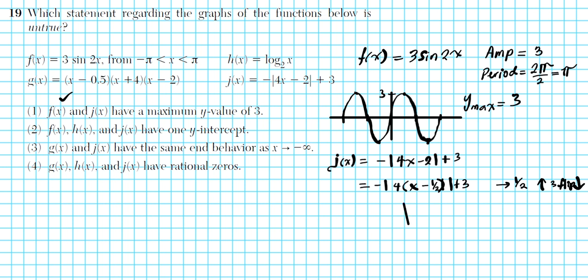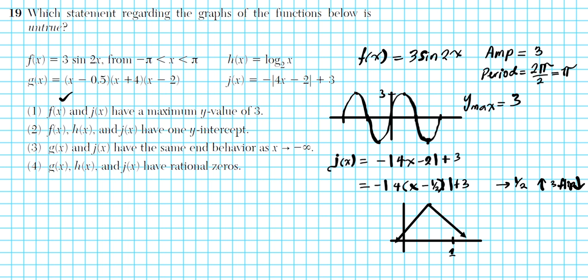So we're looking for the maximum, so we don't have to graph this function perfectly. It doesn't really matter. We just want to know where the vertex is. So for the vertex, we're going to shift 1/2 unit to the right, and then 3 units up, and then the graph is opening downwards, because of this negative here, it's flipped.